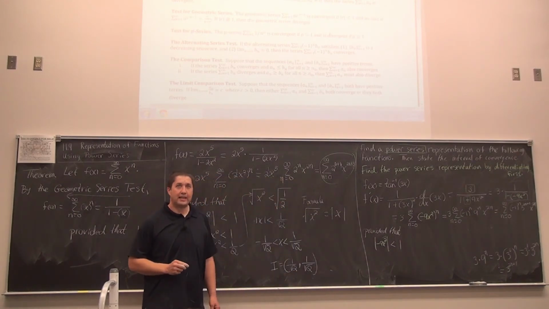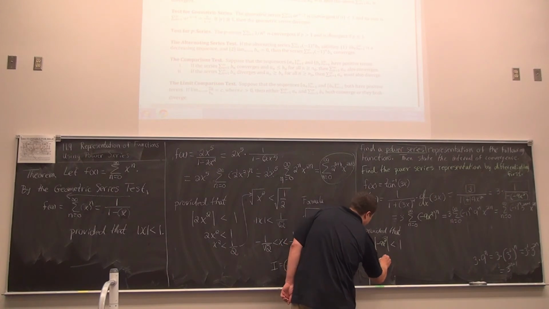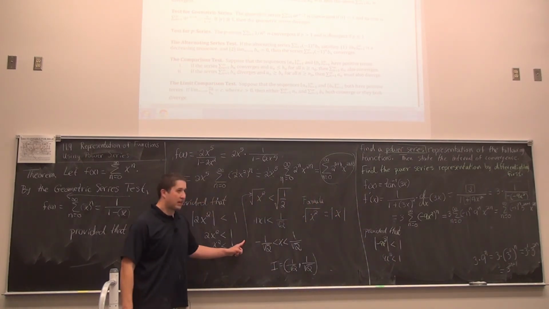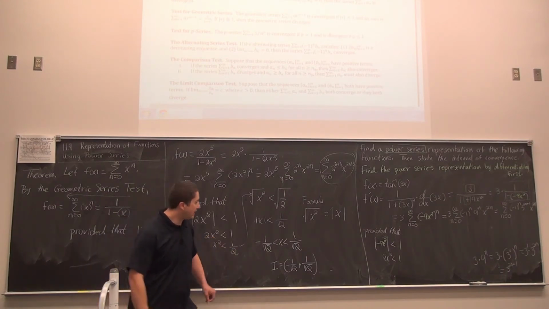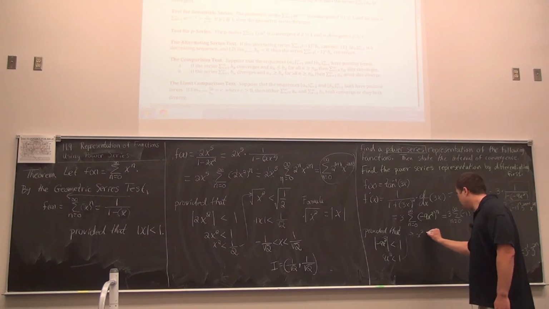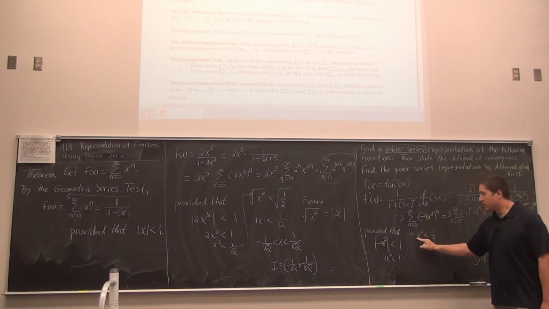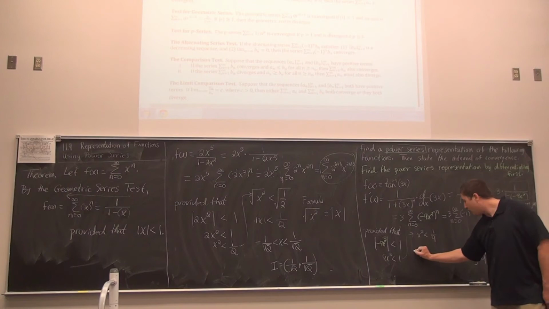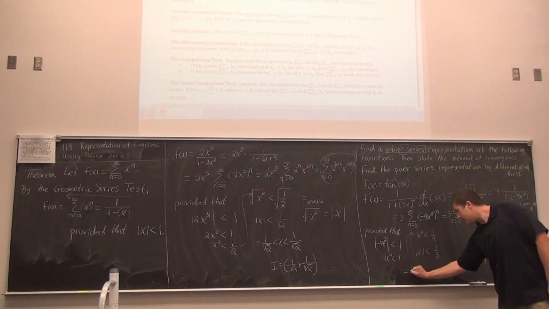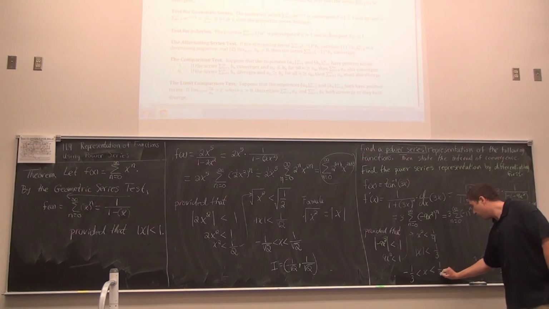So we have to have negative 9x squared less than 1 in absolute value, which would mean 9x squared itself is less than 1. We're really doing the same kind of steps as before. We can divide by 9 to obtain the new inequality that x squared is less than 1/9. Take the square root of both sides, and we've invoked an absolute value on the left-hand side. The square root of 1/9 is 1/3. And the triple-sided inequality is negative 1/3 is less than x, which is less than positive 1/3.